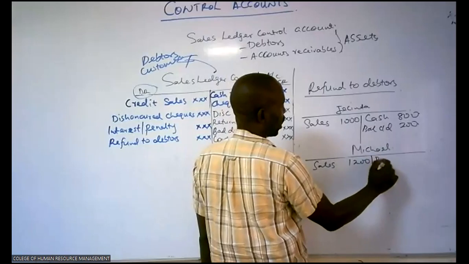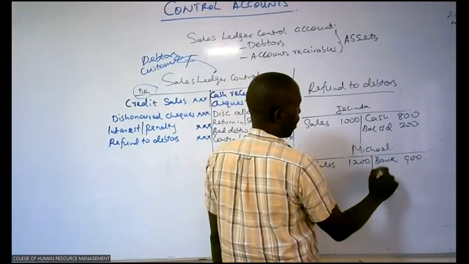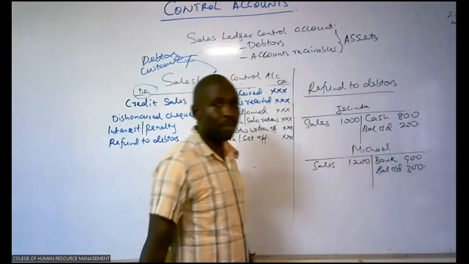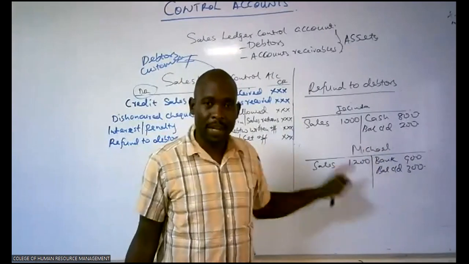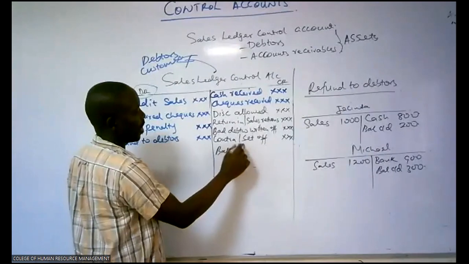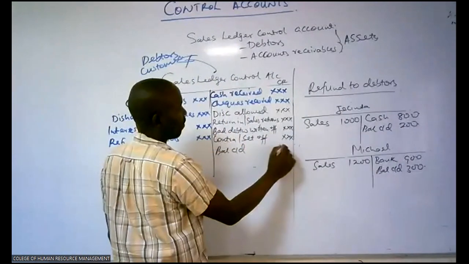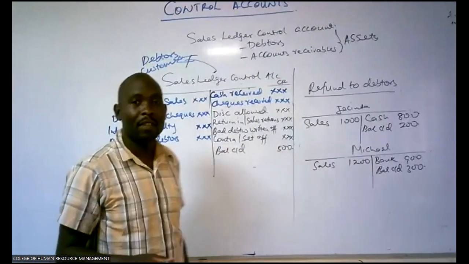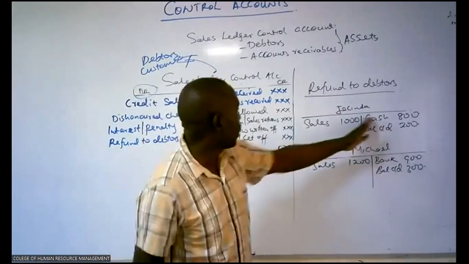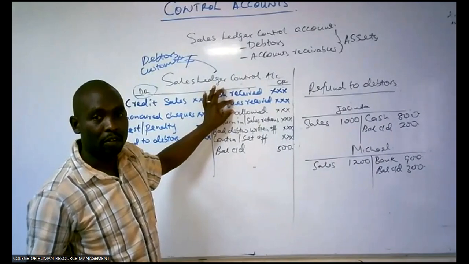Michael has paid by check, maybe 900. There is a balance carried down of 300. If these were the only debtors that we had, when we do our balance carried down here, it is going to be this plus this, which is 500. So for the balance, if the person pays less, we don't have any problem with that. We simply record it here as either a cash receipt or a check receipt.